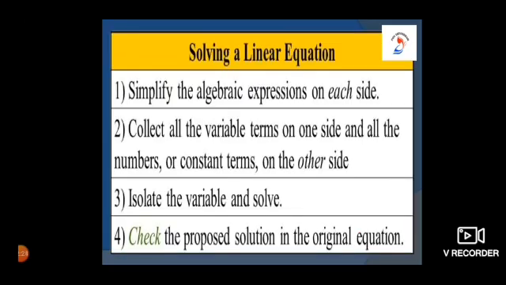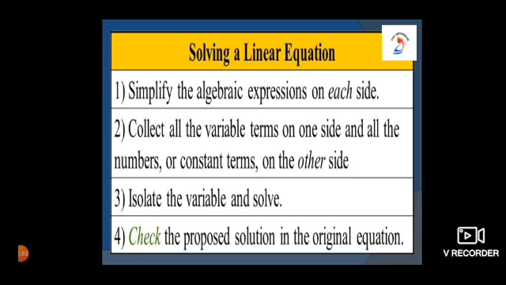Now we will see simple rules for solving a linear equation. I have given you only the rules. As we proceed with the exercises, you will become more familiar with solving the sums. So step number 1, simplify the algebraic expressions on each side. Step number 2, collect all the variable terms on one side and the numbers or constants on the other side. Step number 3, isolate the variable.